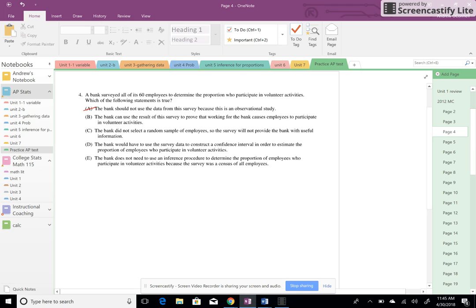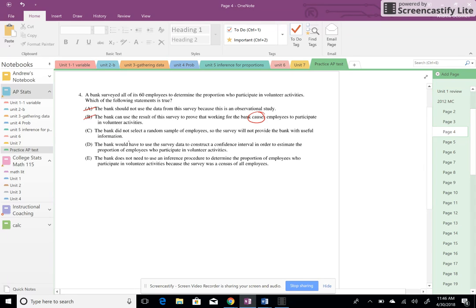Or perhaps it could be, but it's definitely not an experiment. The bank can use the results of this survey to prove that working for the bank causes employees to participate in volunteer activities. A word here that really kind of kills this one is causes. This would not be able to prove causation.